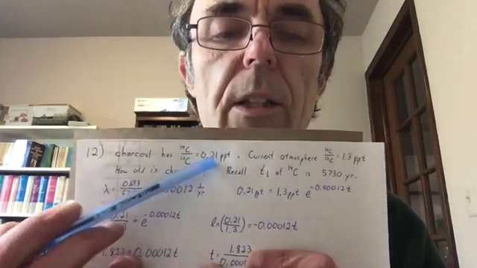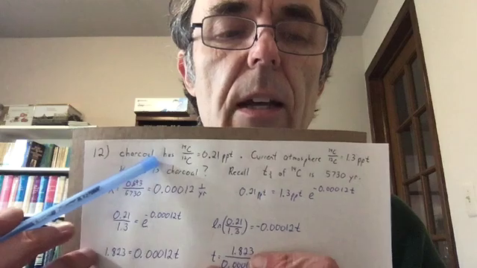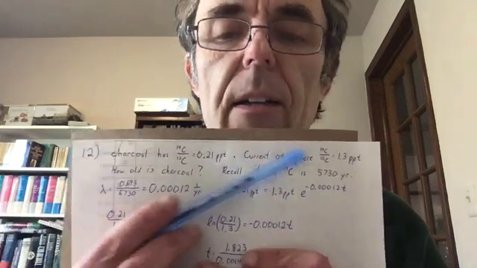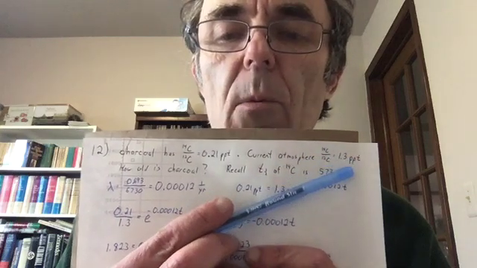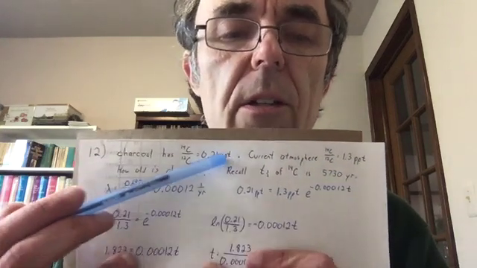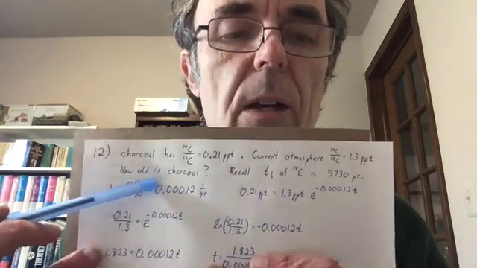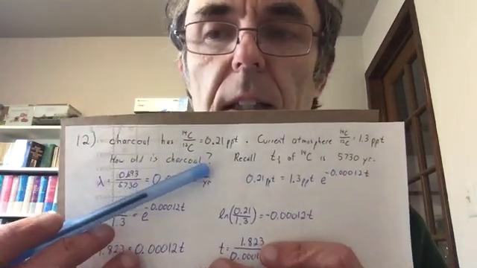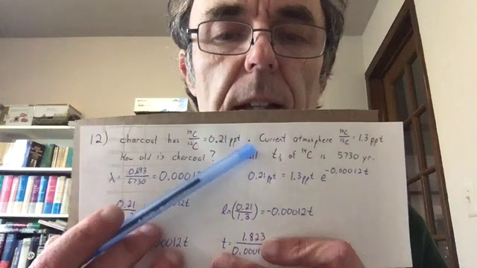So you assume that right when the plant that gave rise to the charcoal died, it had 1.3 parts per trillion, and then it started decaying. And you want to know how old is the charcoal? So this is a classic example of carbon-14 dating.